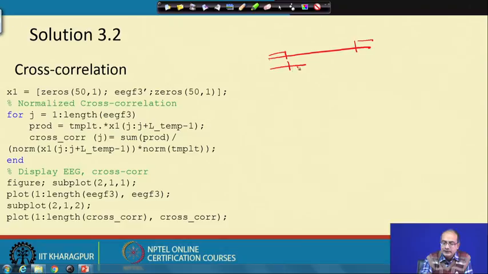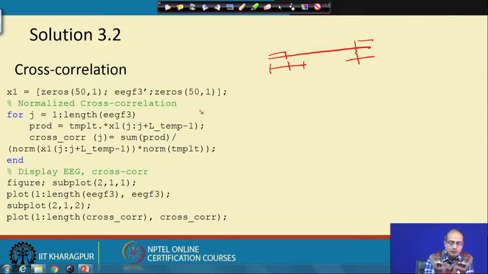So, we will actually slide it from here to here. We are starting that j to j plus length of the template minus 1. So, from here to here, that is the way we have taken this part.